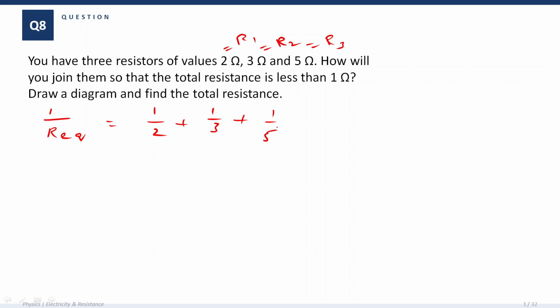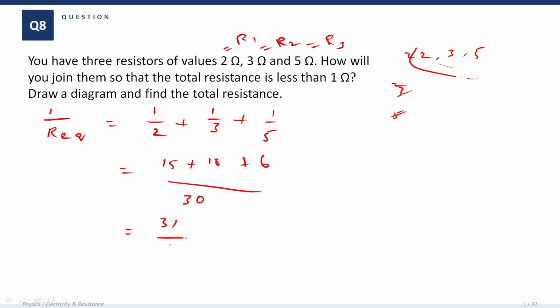What is the LCM you will get? For 2, 3 and 5, 30 is the LCM, then you will get 15 plus 10 plus 6 by 30, that equals 31 by 30.